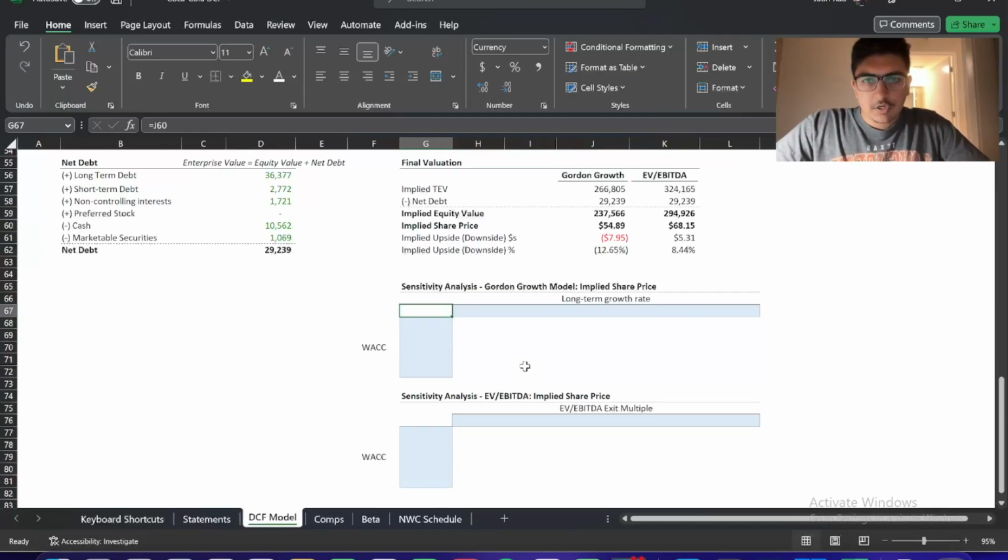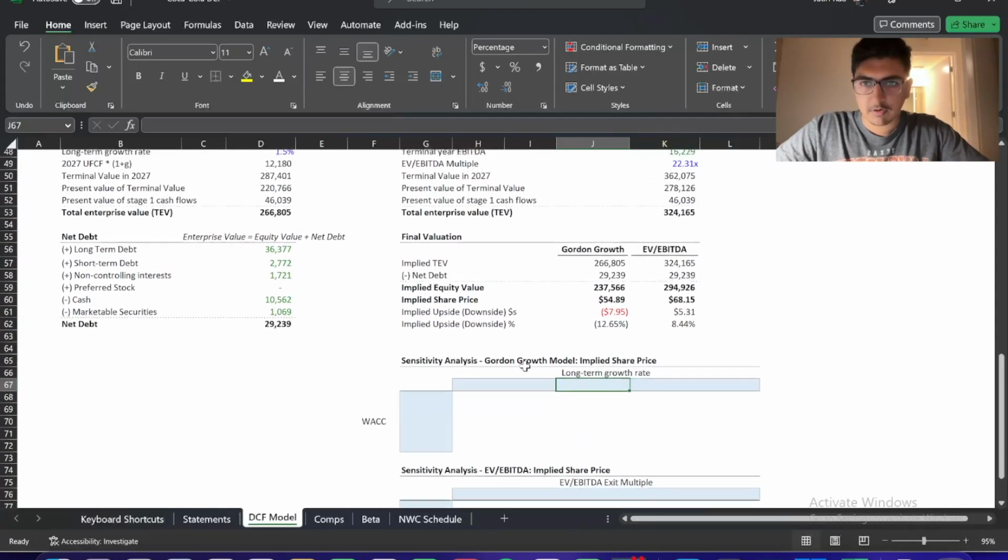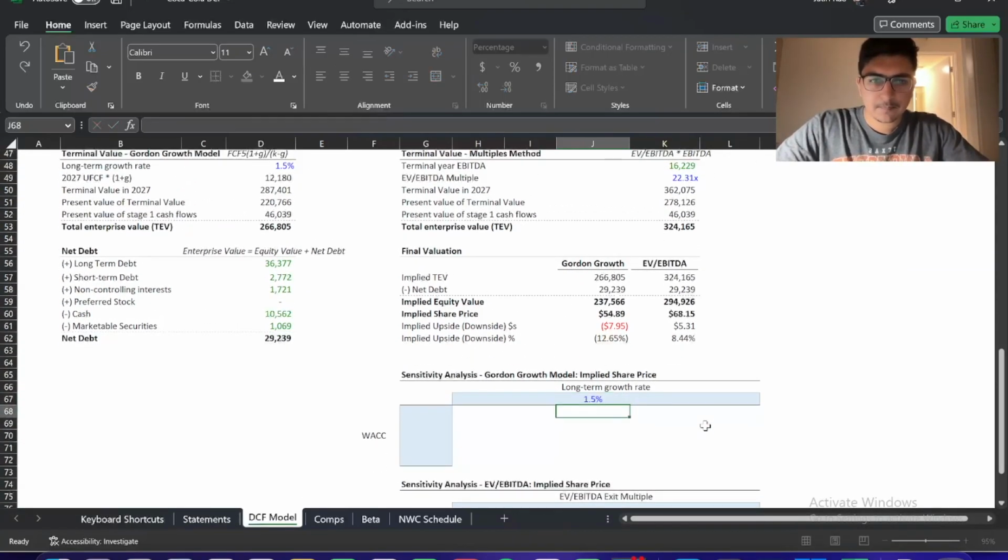Okay, so now what you put in here is, there are 5 cells here. In the middle, you put in your actual long-term growth rate. I believe here we said 1.5%.